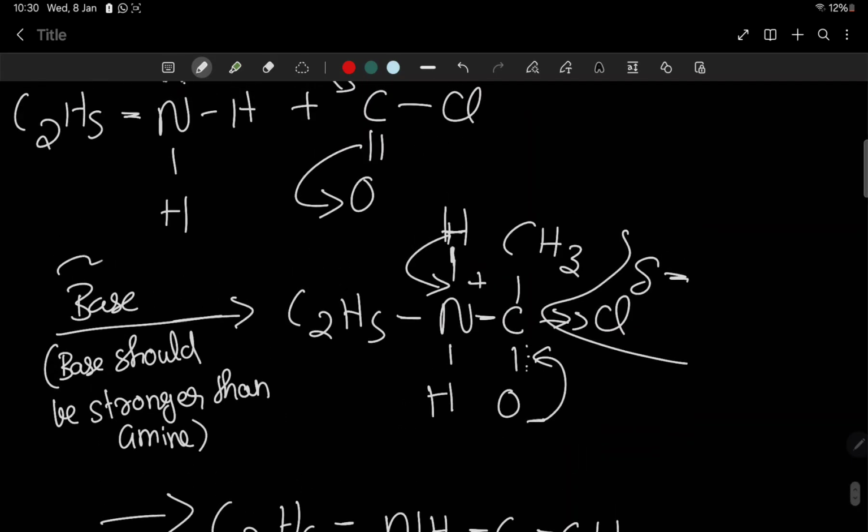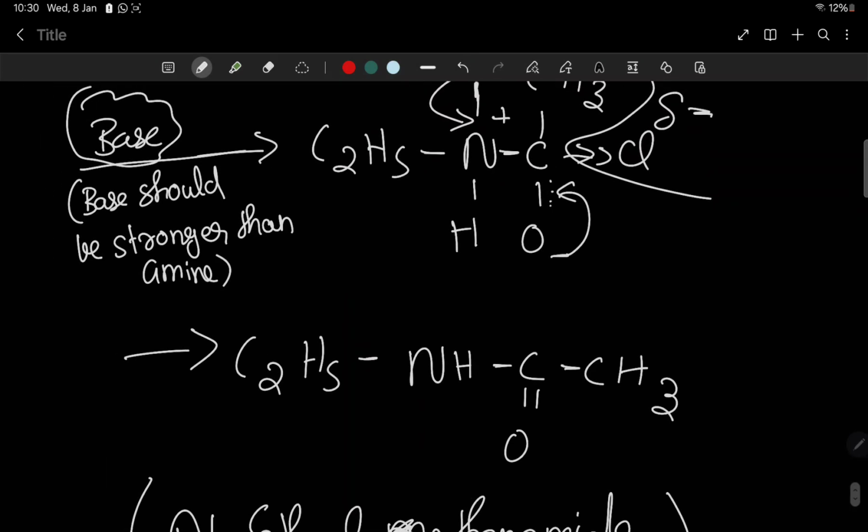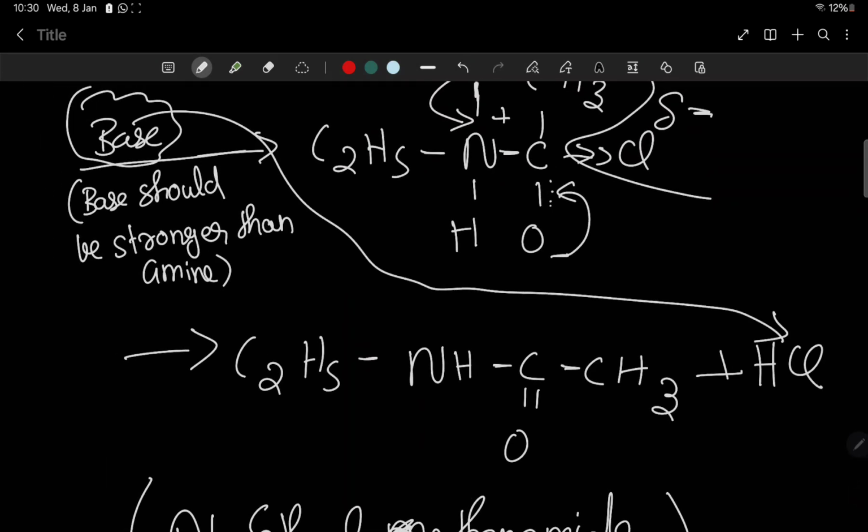Why should we use a base here? Look, after this reaction we are getting HCl as one product. This base will remove this HCl, and according to Le Chatelier's principle, if the product side is decreased, the reaction tries to increase the product side. Therefore, the equilibrium shifts rightwards.